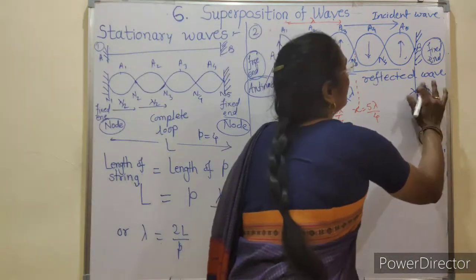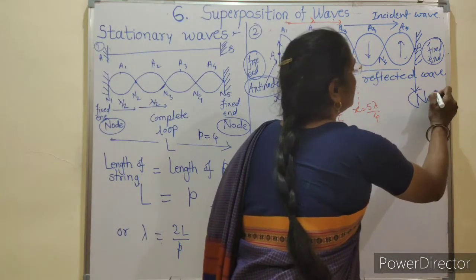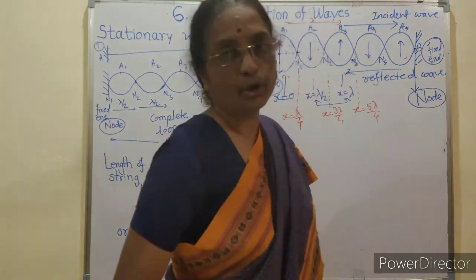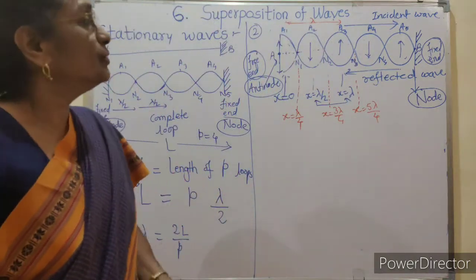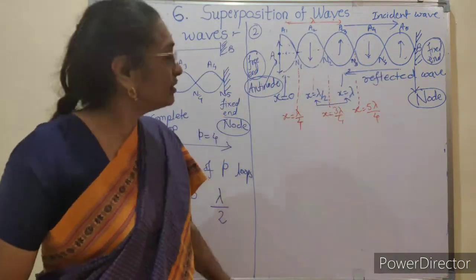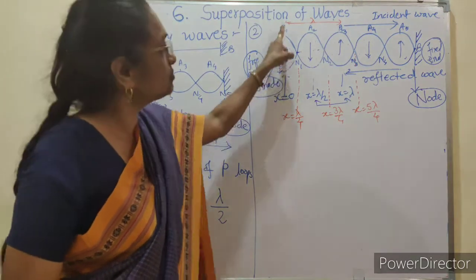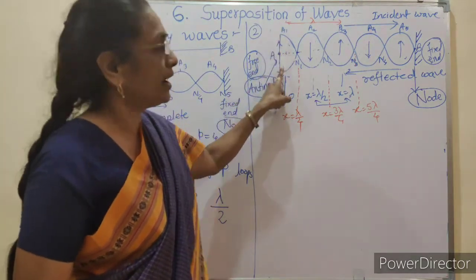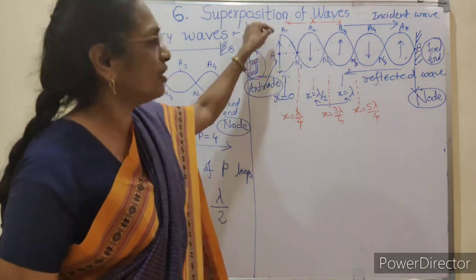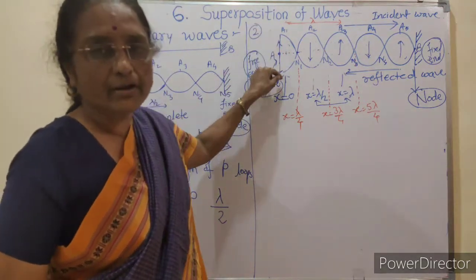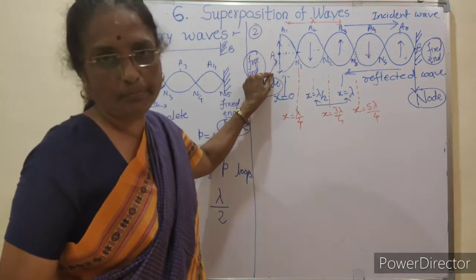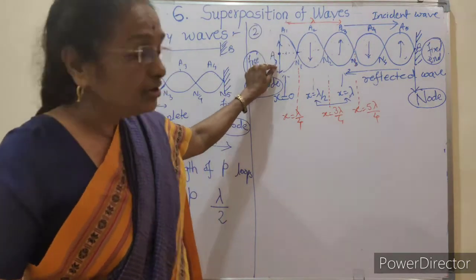Here at the fixed end there is always formation of a node. So when we observe this pattern, the first antinode is denoted by A1, because the particle at the free end is always vibrating. We are continuously vibrating that particle or that end.